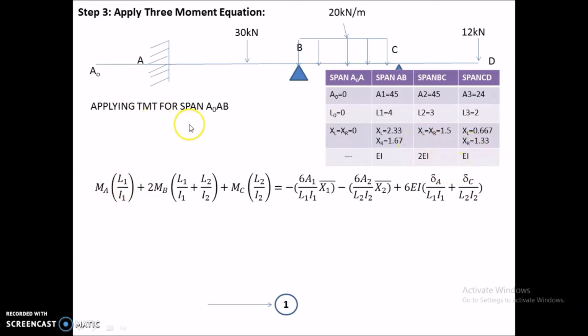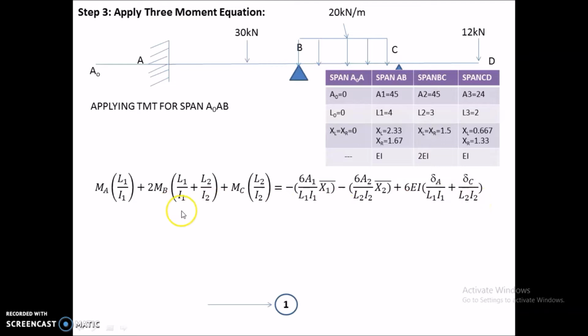So our 3 moment equation will be MA into L1 by I1 plus 2MB into L1 by I1 plus L2 by I2 plus MC into L2 by I2, which is equal to minus 6A1 x1 bar by L1 I1 minus 6A2 x2 bar by L2 I2 plus 6EI delta A by L1 I1 plus delta C by L2 I2.